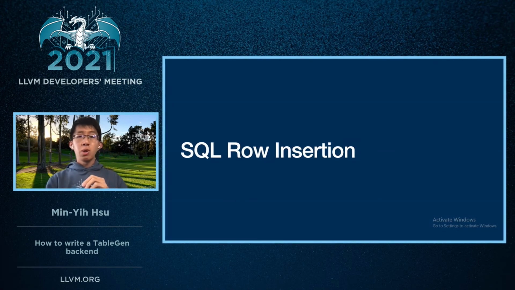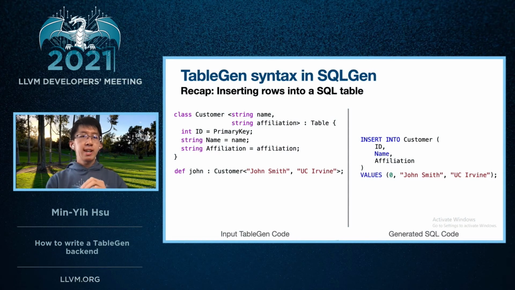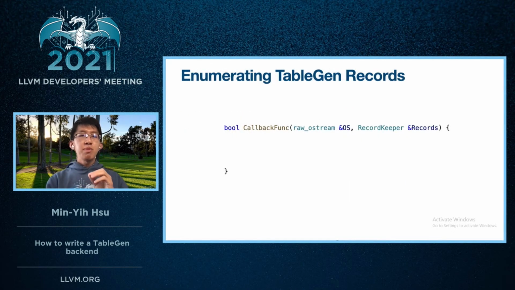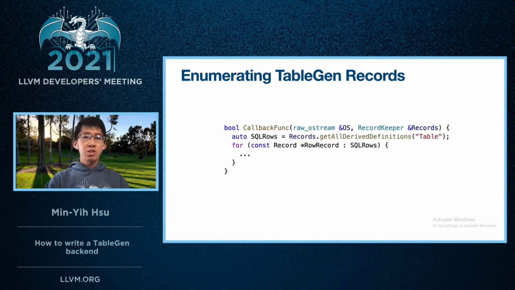Now let's look at the row insertions. Our task is to generate the SQL code on the right-hand side from the left-hand side TableGen code. To retrieve all the records created from TableGen classes that are derived from the Table class, instead of enumerating all the records, we can actually use a pretty handy function called getAllDerivedDefinitions.